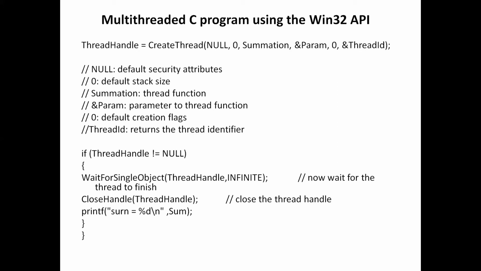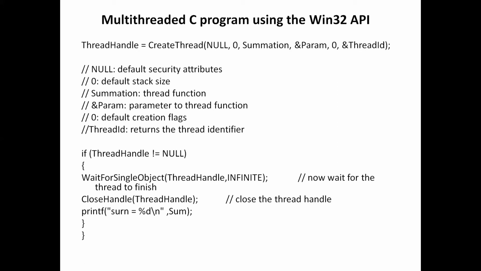Here, if ThreadHandle is not equal to NULL, WaitForSingleObject is called to wait for the thread to finish. This statement makes the main thread block until the Summation method gets executed.